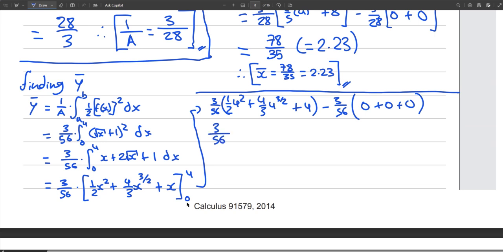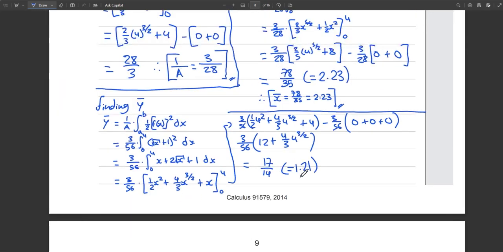So we'll get 3 on 56 times, 16 on 2 is 8, 8 plus 4 is 12, so we get 12 plus 4/3 of 4 to 3 on 2, putting that in my calculator gives 17 on 14, which is equal to 1.21.